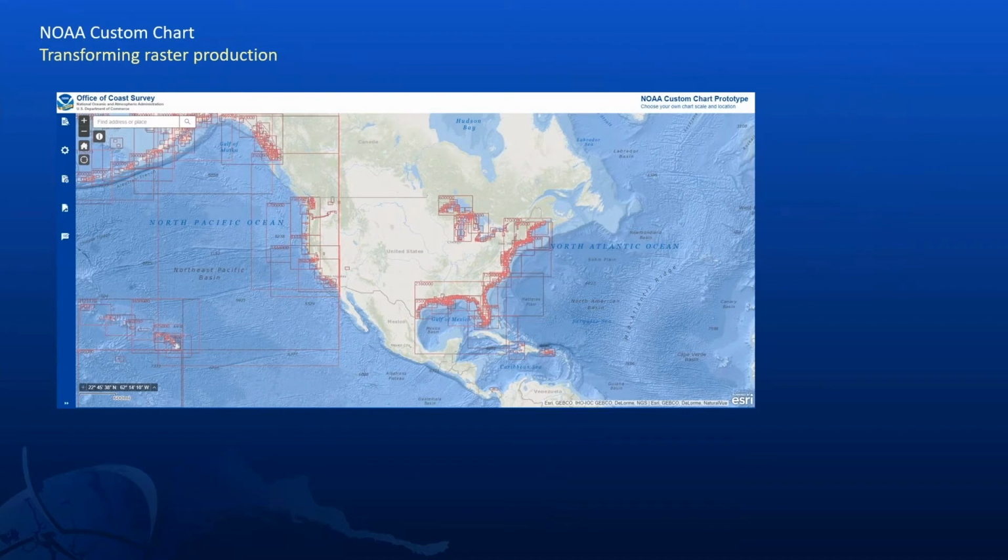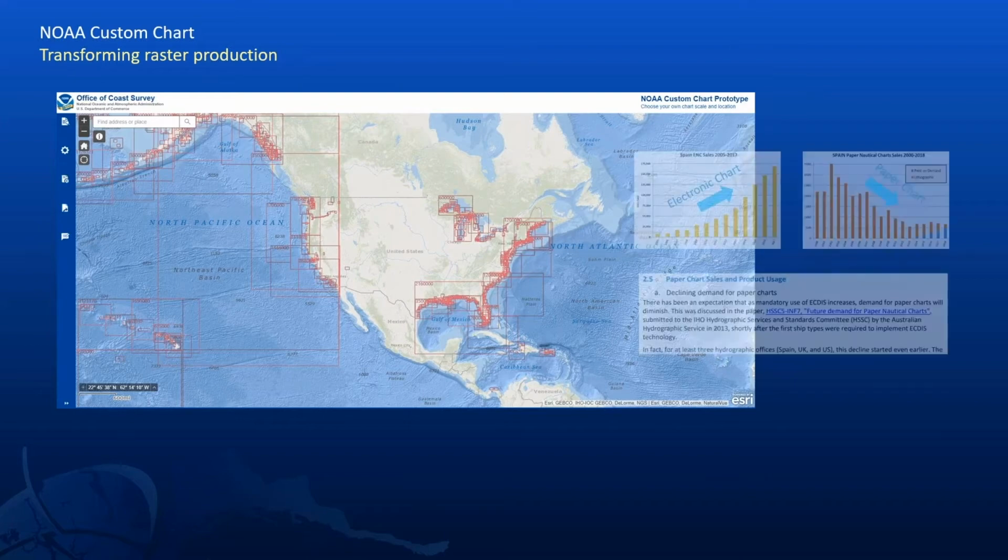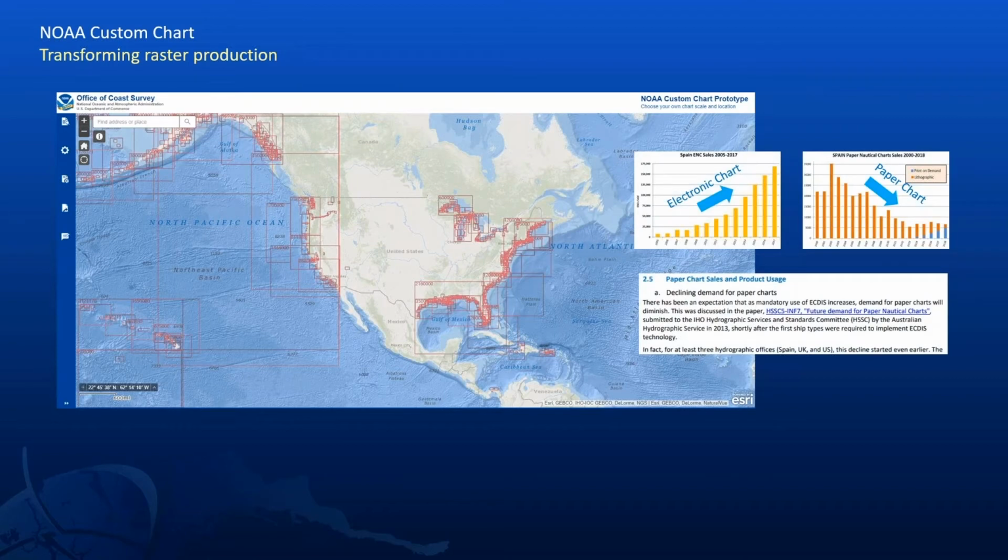An example of this is the NOAA custom chart application, which is NOAA's implementation of ArcGIS Maritime's Products on Demand capabilities. The factors that are driving NOAA to look at alternative solutions for paper are common to all hydrographic offices.